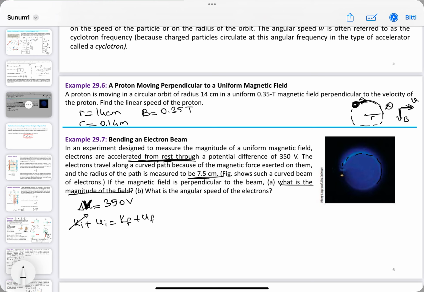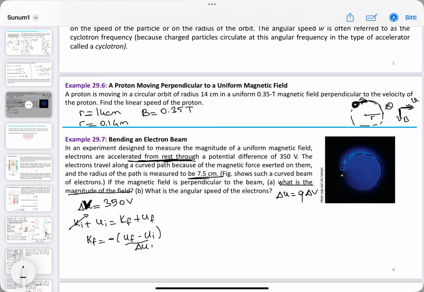I mean the kinetic energy is 0 as well. Okay, nice. For Kf, can I write minus the potential energy difference like this? I know this one is the potential energy difference, and also I can write this one as q delta V.